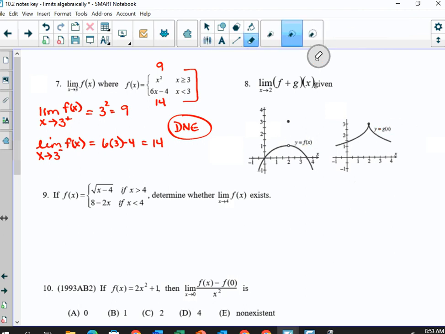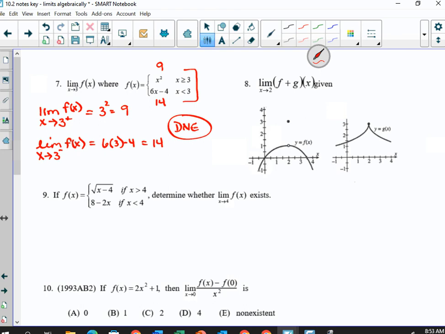When you have 2 functions that you're adding together here as x approaches 2, looking at both of these graphs, do you see how they both have a limit as x approaches 2? Just the overall limit. So we can just evaluate that limit for both and add them together. If they don't have a limit, like if there's an asymptote or a jump, then you have to evaluate both of them from the left and both of them from the right.